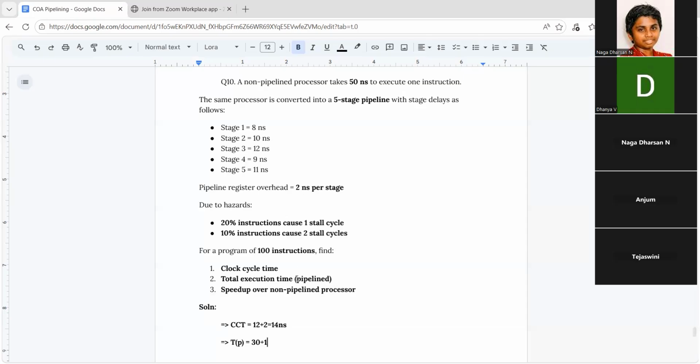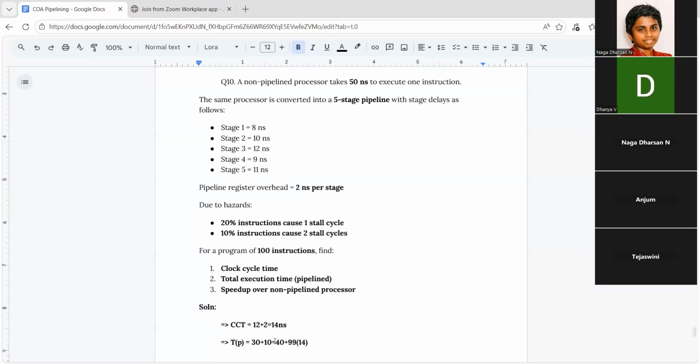So 2 into 5 is 10. The total time is 40 for a single instruction plus 99 into the time of the slowest stage, the clock cycle time, which is 14 nanoseconds.